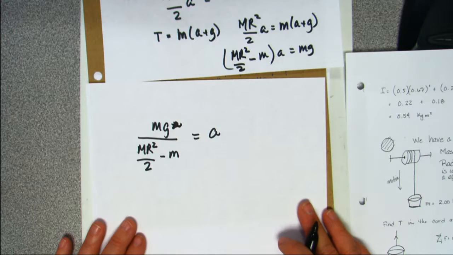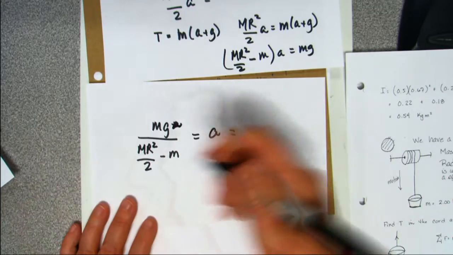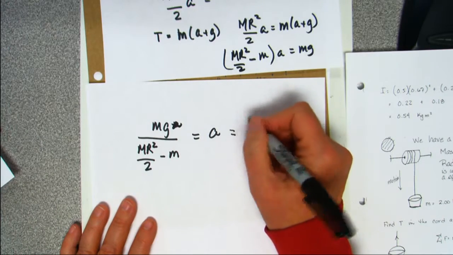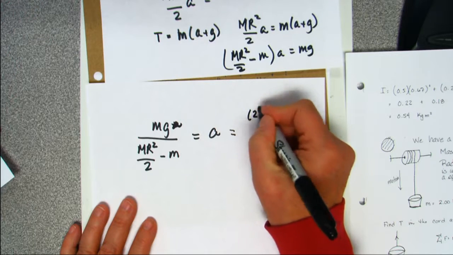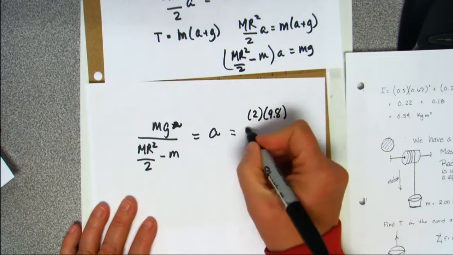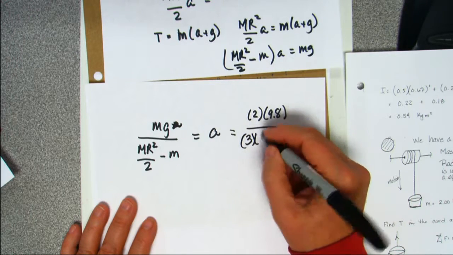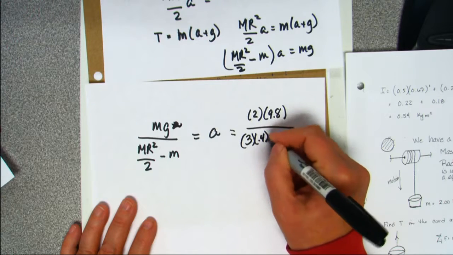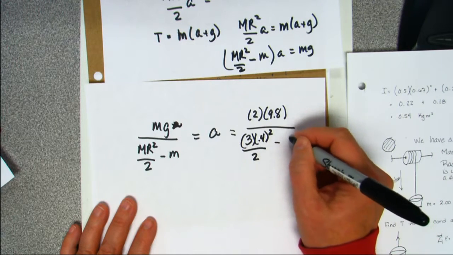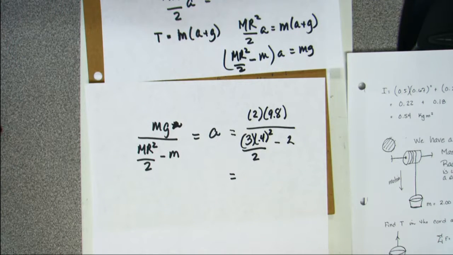And if I know the masses, which I do, we said that the mass of the bucket was 2, gravity is 9.8, the mass of the cylinder is 3, the radius of the cylinder was 0.4, and we actually plug that in to calculate it.